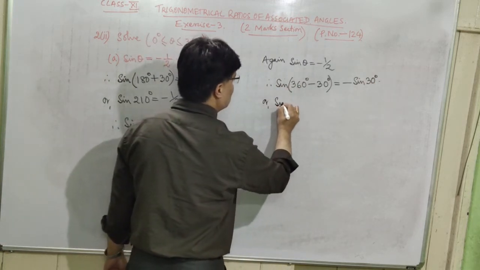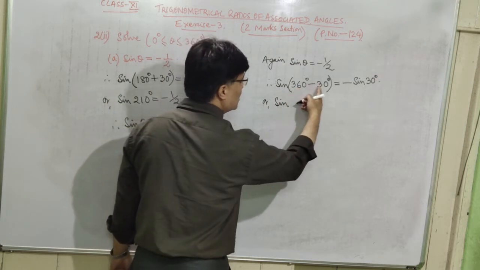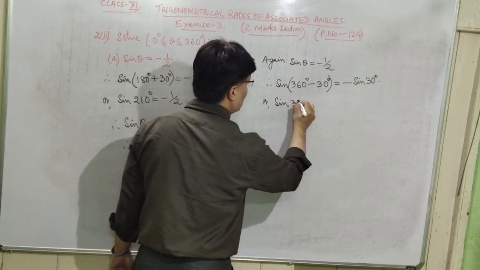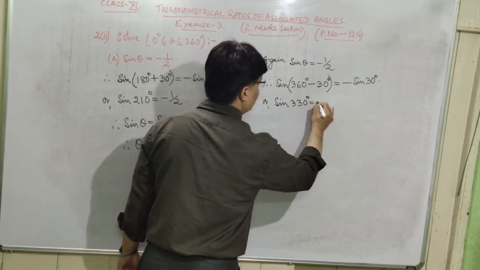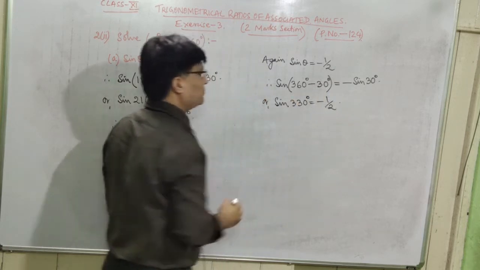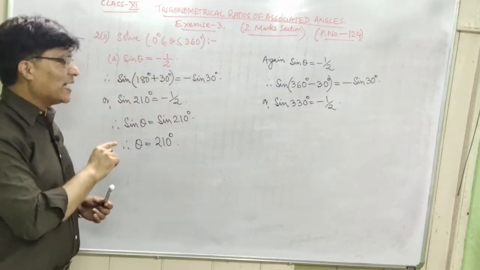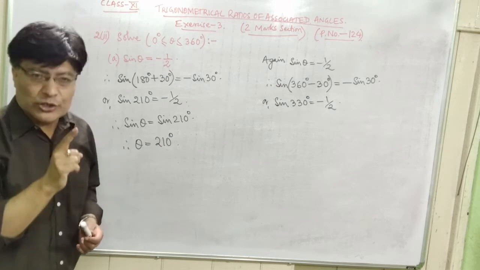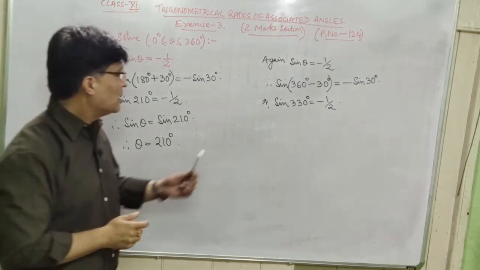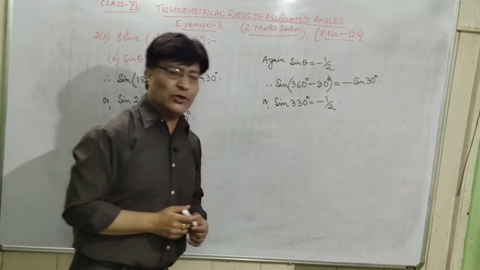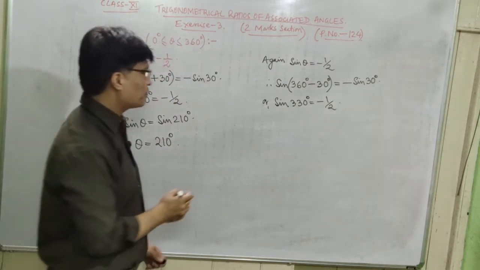So what is 360 minus 30? It is 330 degree. This is minus half. So sine 330 degree is also minus 1 upon 2.